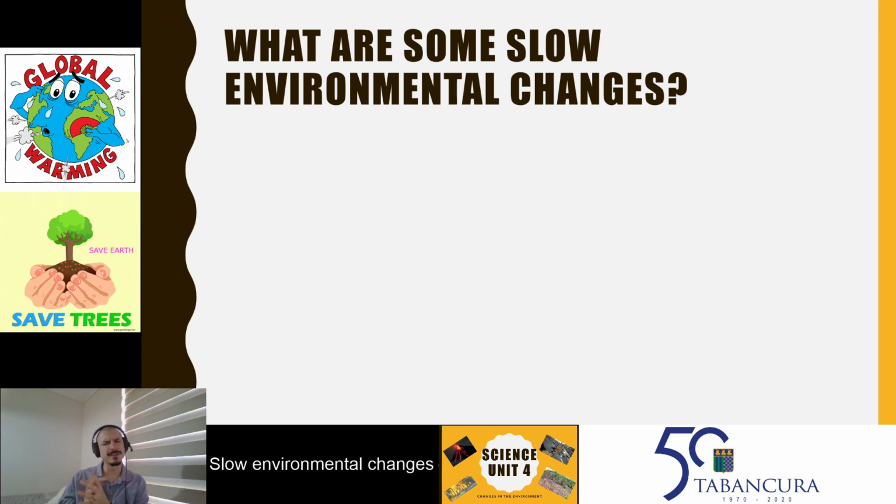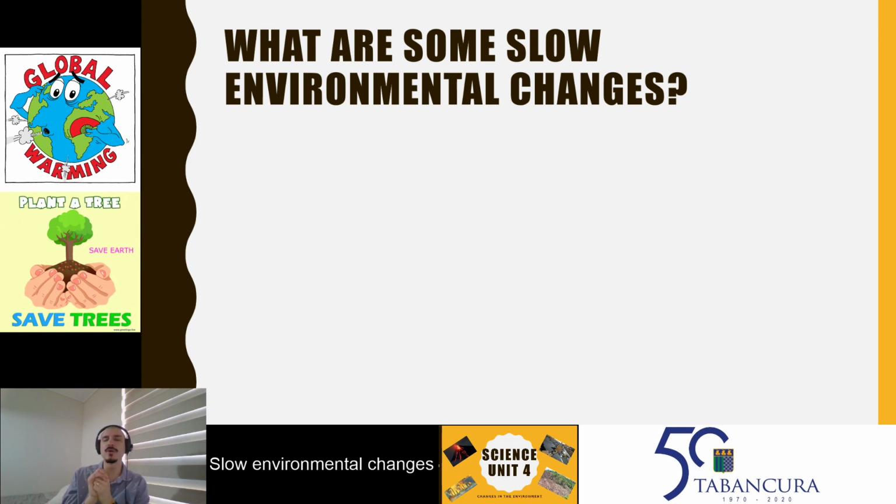First, what are some slow environmental changes? As I mentioned, some are rapid, some are fast, and some are slow. We're going to start with the slow ones, okay? We call them slow environmental changes because the consequences of these changes take a lot of time to see. They're not immediate.